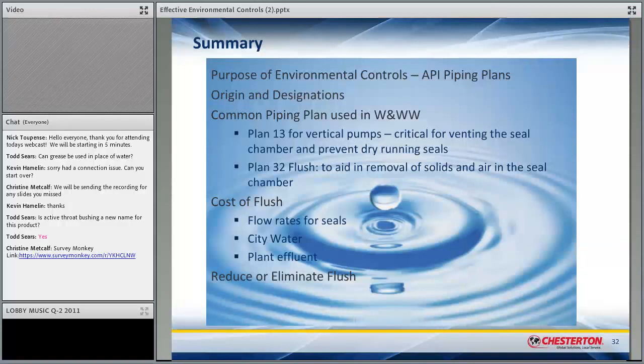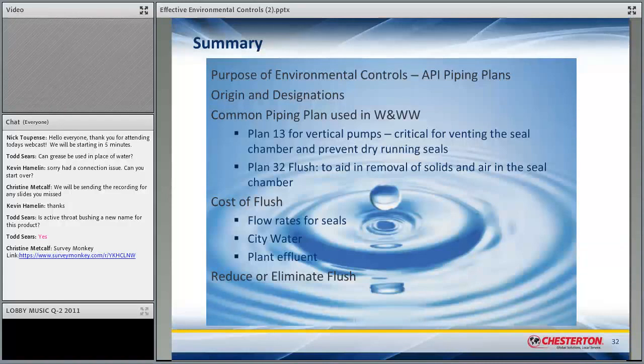I just want to interject. We covered a lot of ground in a short period of time. One recommendation I would make, in either upgrading existing pump and sealing systems, or in the specifications, for example, in a new plant or a new pumping or sealing system, is that you contact a sealing specialist to review the environmental controls that might be necessary for a given application, so we can reduce or eliminate flush water wherever possible.